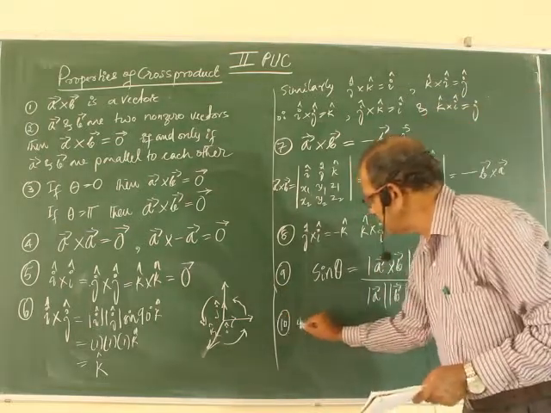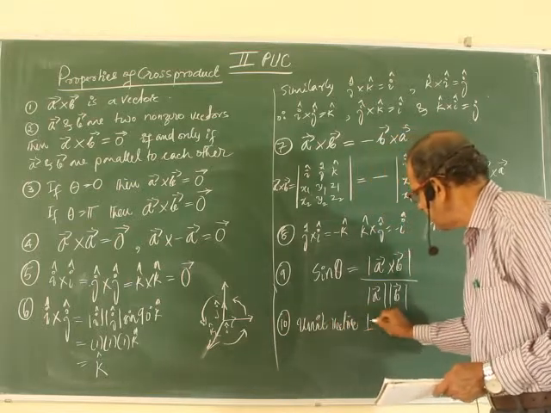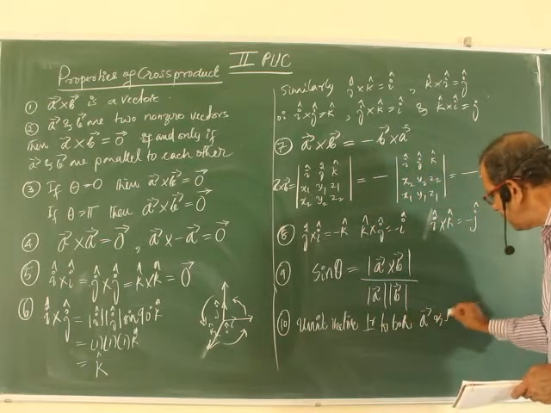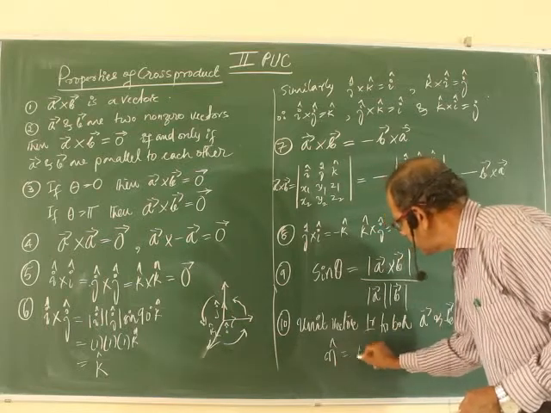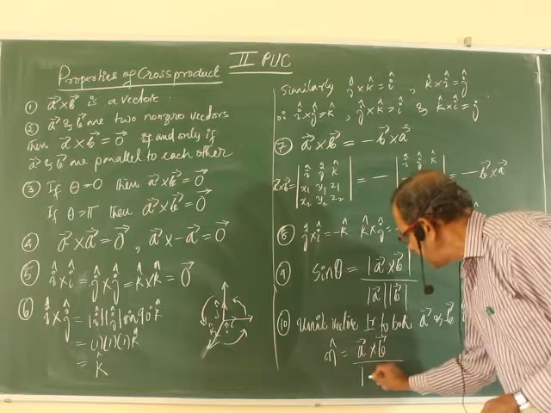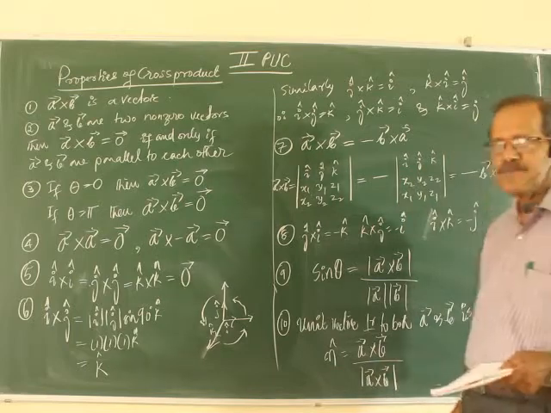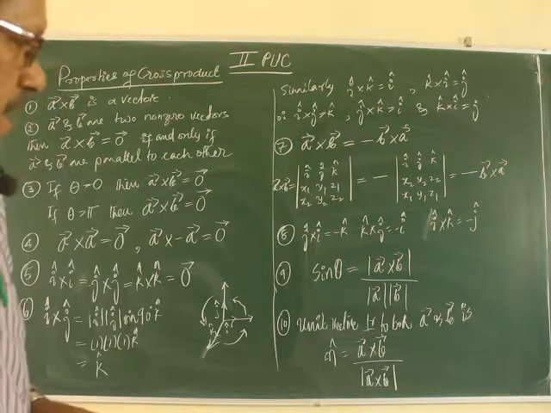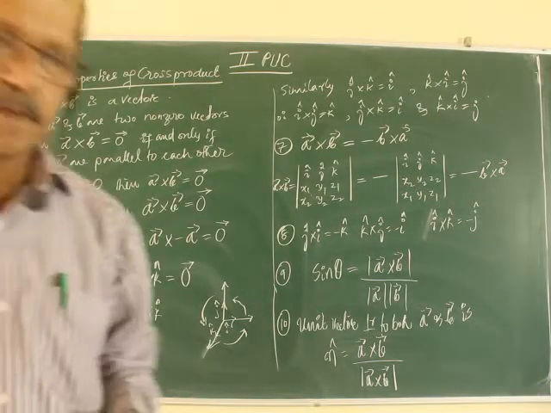The 10th one is the unit vector perpendicular to both A and B is n cap equal to A cross B divided by mod A cross B. This one also you have written there. How to find the unit vector in the direction of A cross B, or the unit vector perpendicular to both A and B. This is the formula.